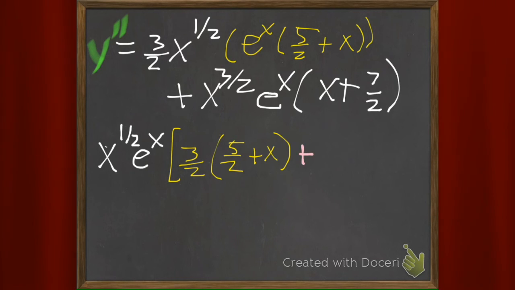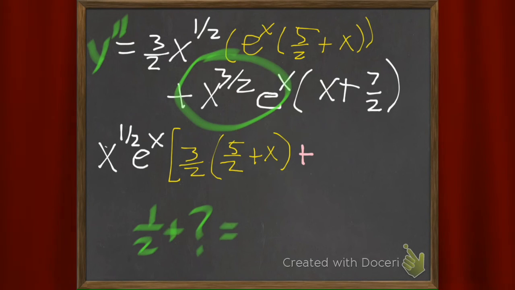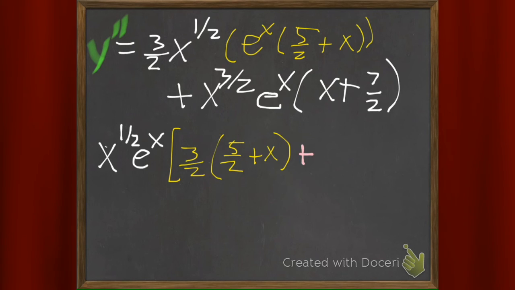So if we pulled an x to the 1/2, same trick we did before. If we put 1/2 plus what is 3/2? 2/2. So then 2/2 is the same thing as 1. So if we pull that out, then we're going to have just 1x left on the inside. So then that's where that x comes from. And then it's still going to be multiplied by x plus 7/2.